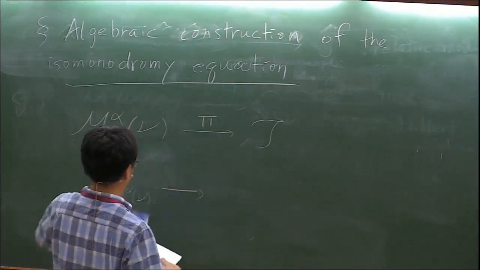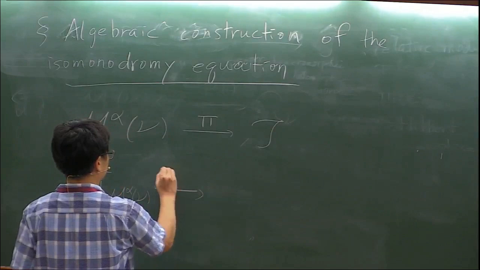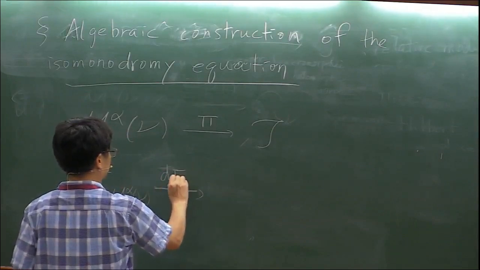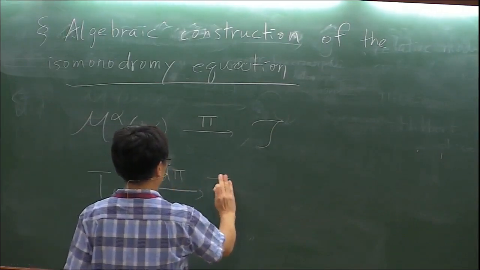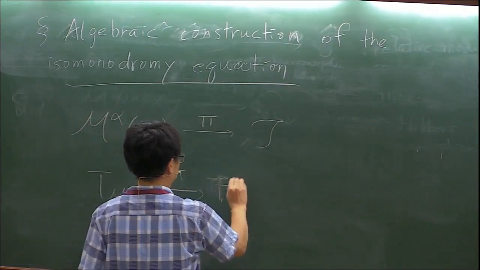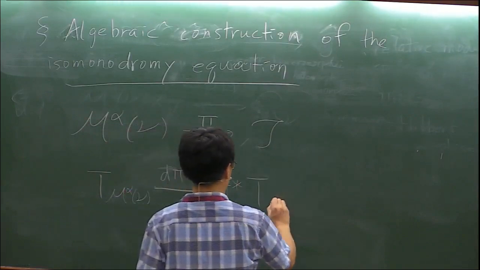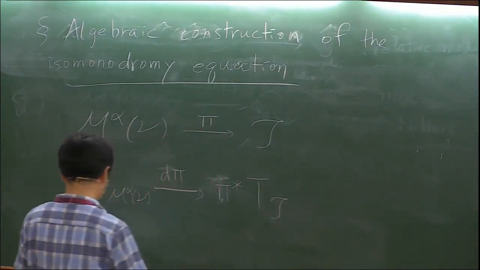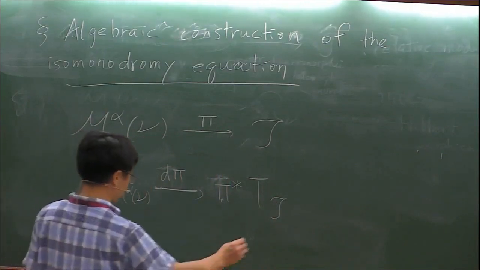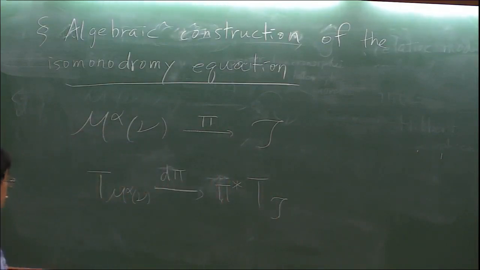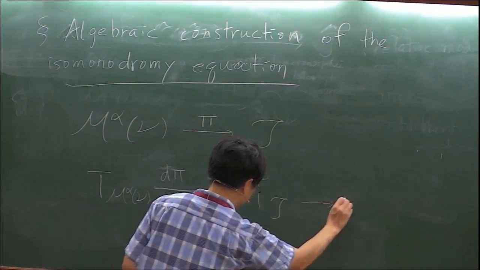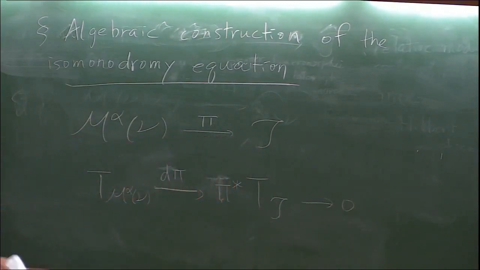Differentiating pi, we get pi star T. This pi is a smooth morphism. This tangent map is a surjection of the tangent vector bundles.